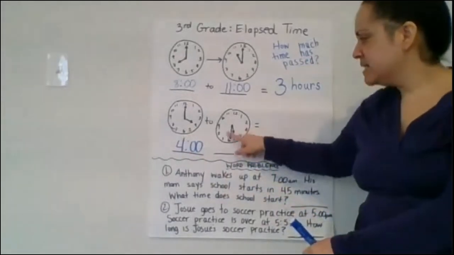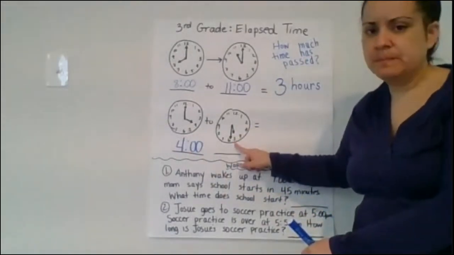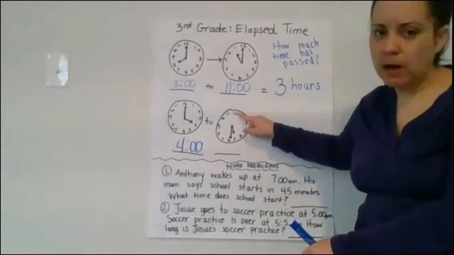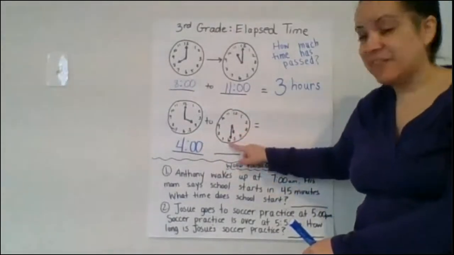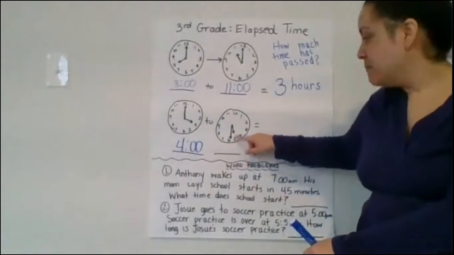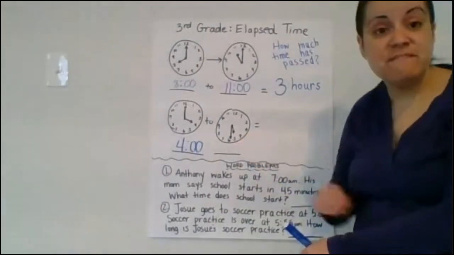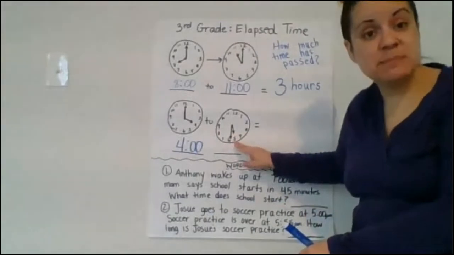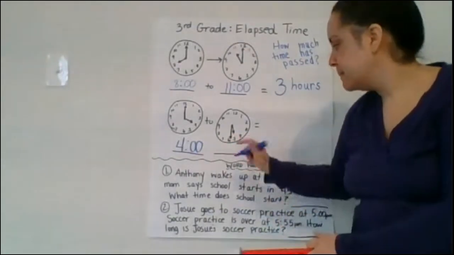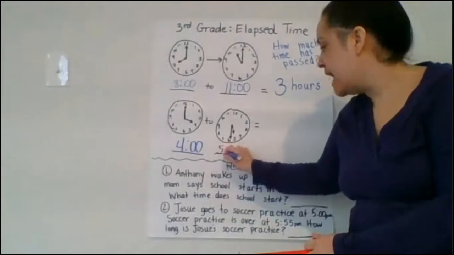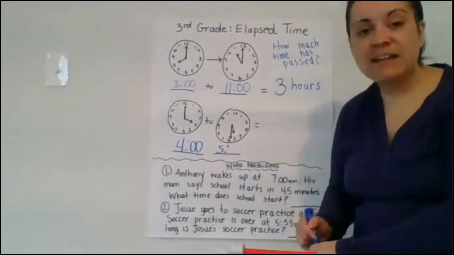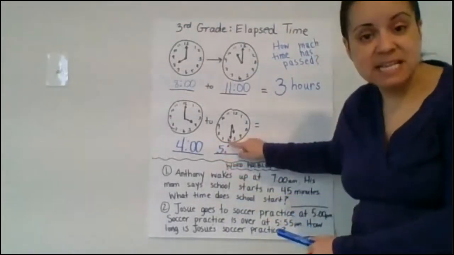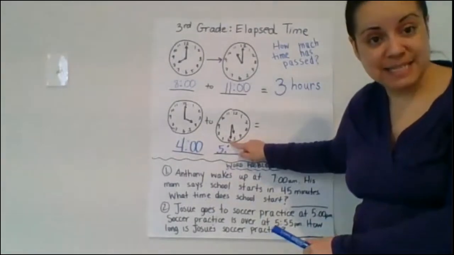But now what does this time say? My minute hand is not at the 12 anymore. My minute hand is at the 6 and my hour hand is at the 5. So I know my hour is going to be 5. My hour is 5, but now I have to count my minutes to see what time the minute hand says.